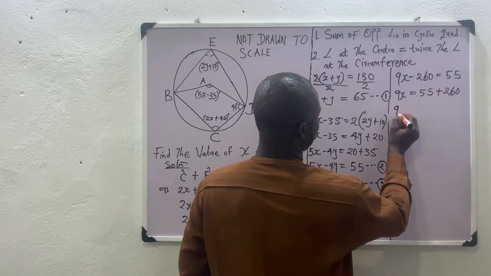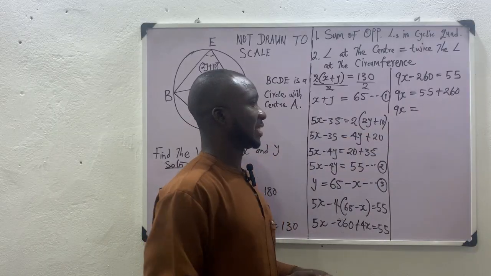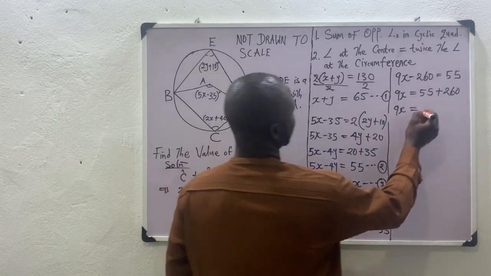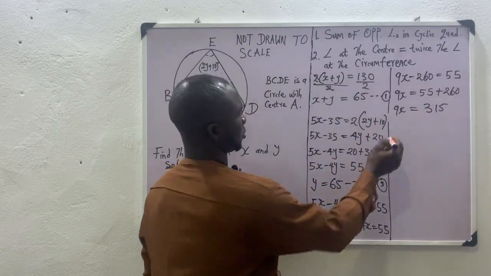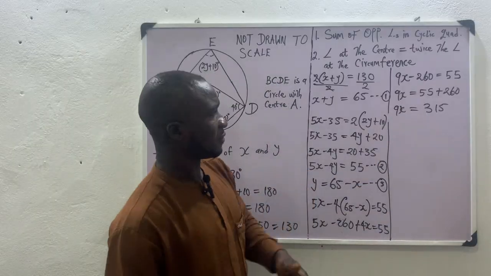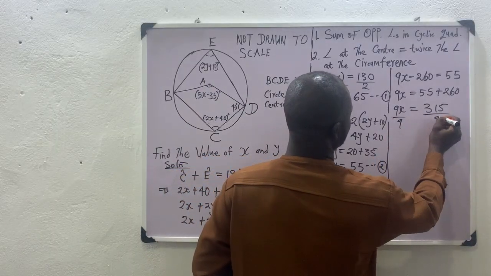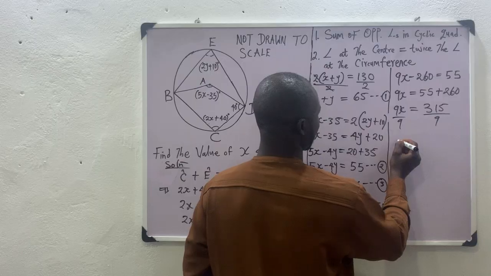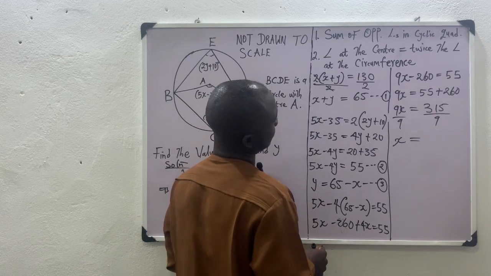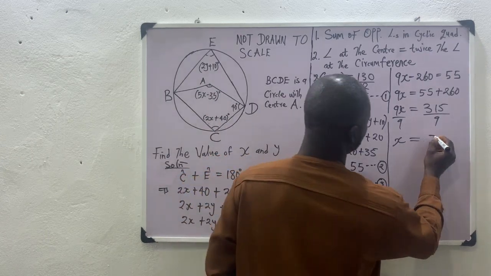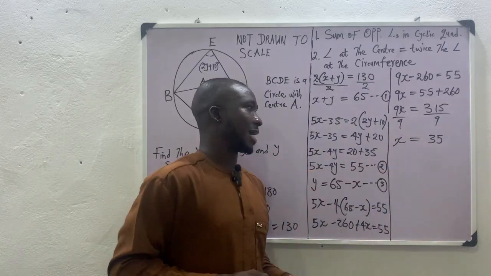That will exactly give us 315. So at this junction, we divide both sides of this equation by the coefficient of x, that is 9. And if we do this, we then have that x is equal to 315 divided by 9, and that will exactly give us 35. So that means that our x is 35.